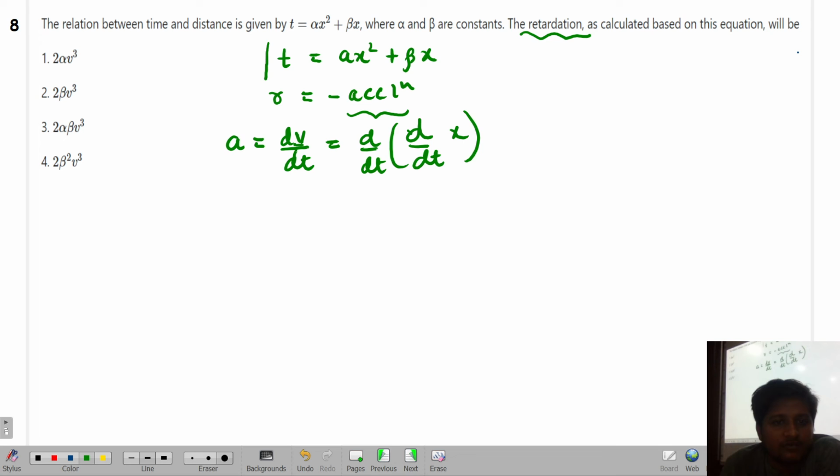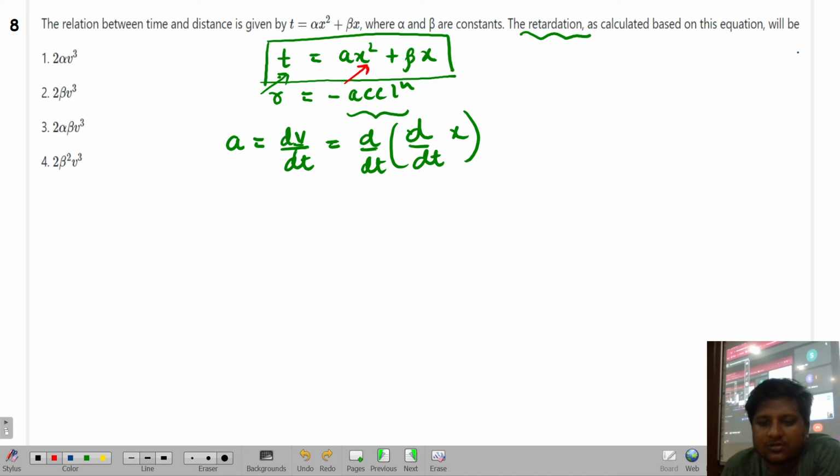In the equation, time is given as the first variable, and the second variable is position x. But here, to calculate acceleration, it is given in an indirect way. You can't calculate it easily. So how to do it? That's the biggest question. Isn't it the biggest question? How to solve this problem?